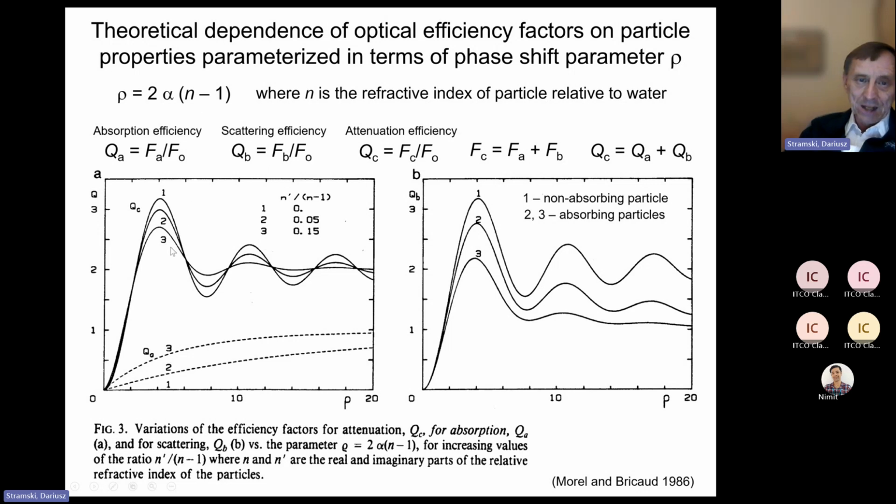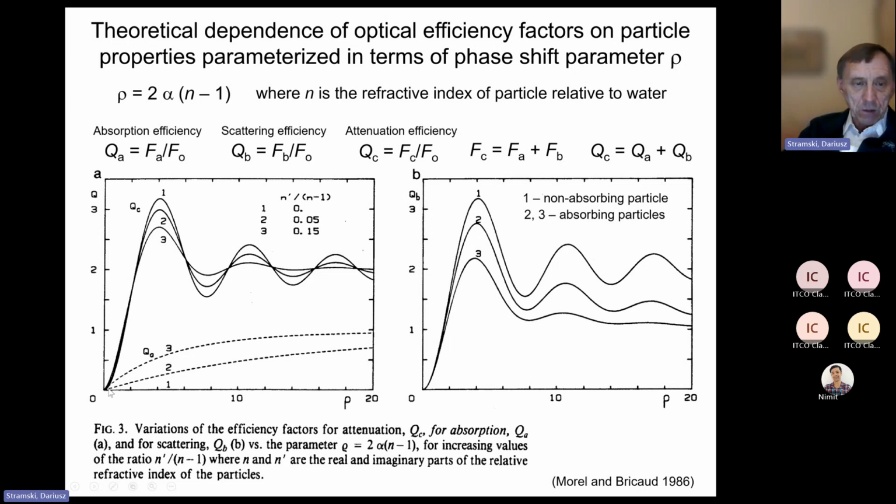We have to add an additional parameter, and in this graph, this absorption parameter is parameterized in terms of the ratio of the imaginary part of refractive index, that's the absorption, and the real part of refractive index. That's not so important. What's important for our message here is that we have three different particles, one non-absorbing and two that exhibit absorption, and with particle 3, the highest absorption.